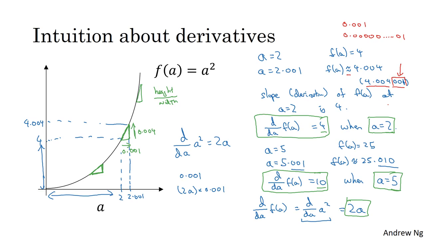And you find that the amount that f of a goes up is exactly equal to the derivative times the amount that you nudge a to the right. The reason it's not 4.004 exactly is because derivatives are defined using infinitesimally small nudges to a, rather than 0.001, which, while small, is not infinitesimally small. So that's why the amount that f of a went up isn't exactly given by the formula, but is only approximately given by the derivative.